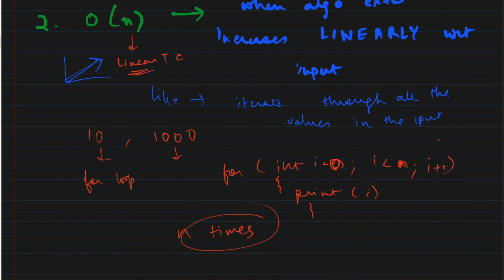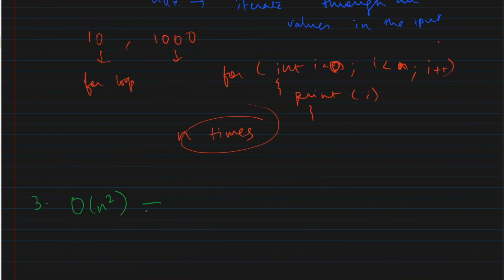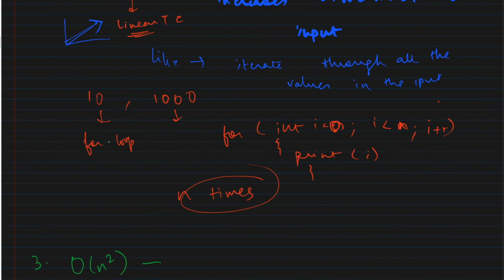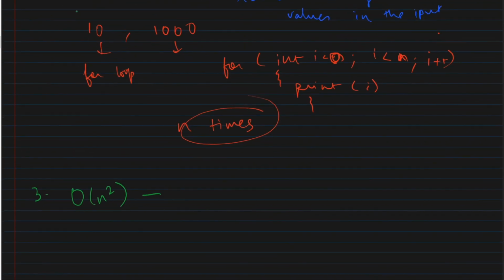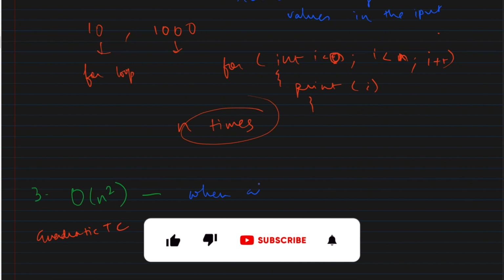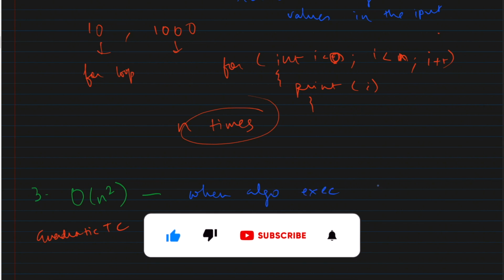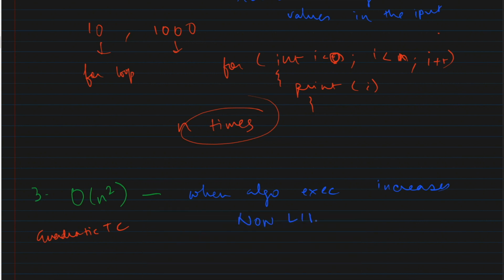Okay, moving on. Order of n square. Just as we discussed that this is the linear time complexity, we also have a name for this. We call this the quadratic time complexity. What it means is that when the algorithm execution increases, again pay attention, non-linearly.